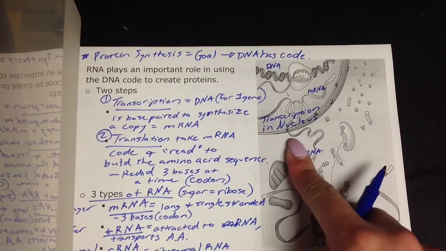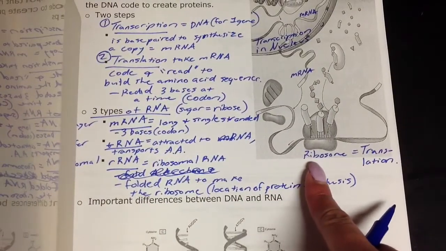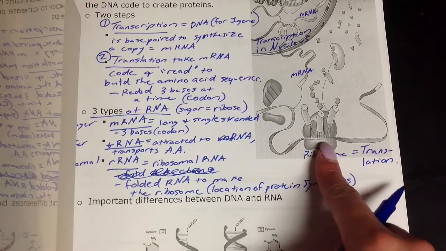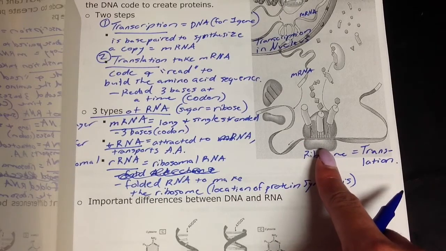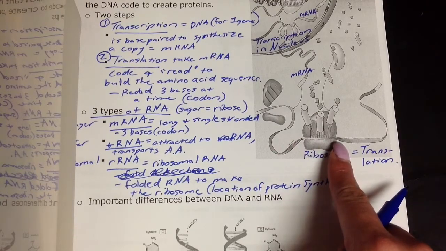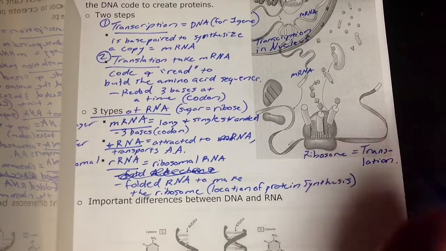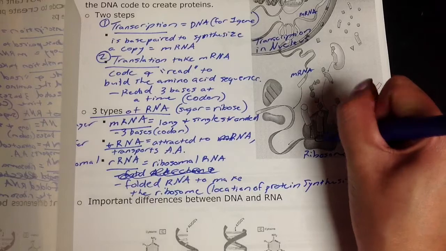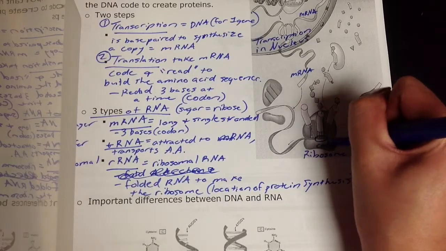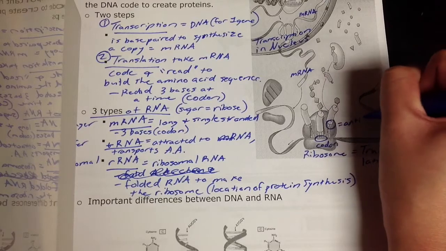When we leave through the pore of the nucleus, our mRNA will actually meet up with a ribosome, which is a group of RNA and protein. It's an open structure, not a closed membrane-bound organelle. But at the ribosome, 3 bases on the mRNA, which is a codon, will pair with what's on a tRNA known as an anticodon.